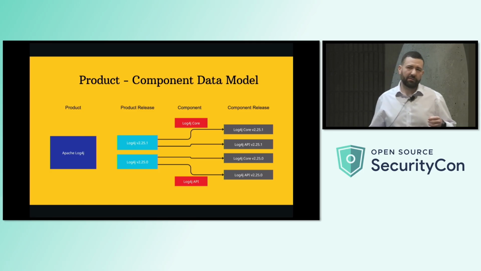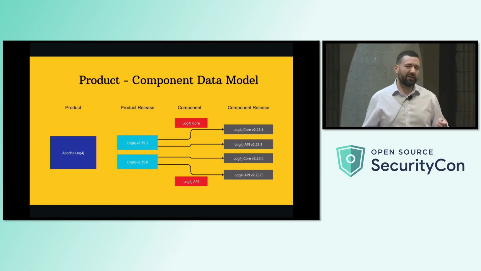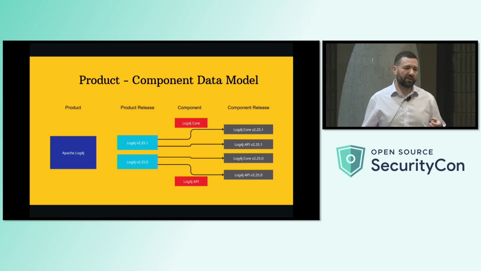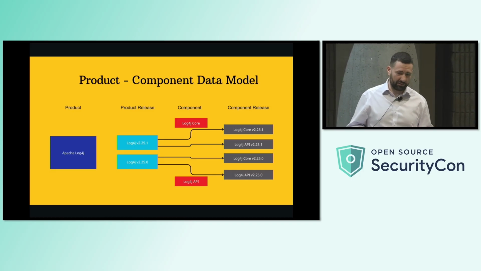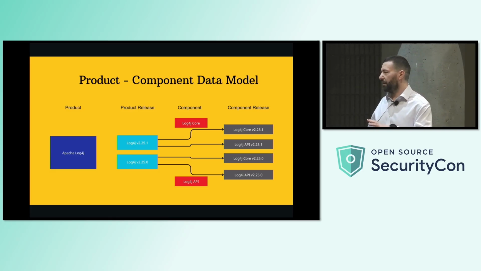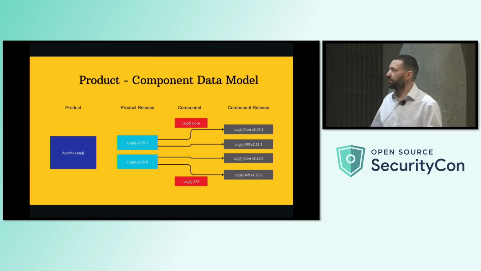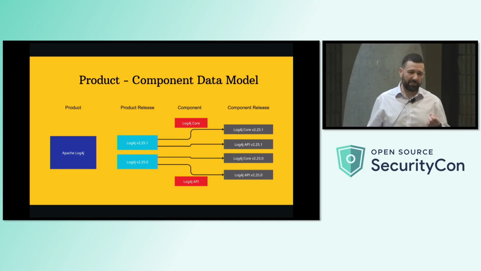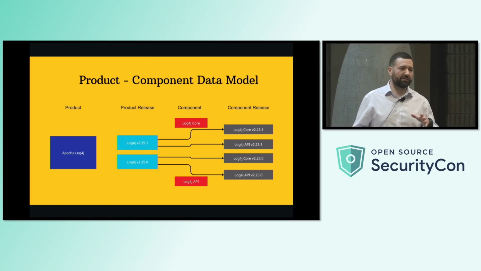But then, as we understand, this product release actually contains several components. But let's take it one way deeper. The idea is pretty simple: the mapping is actually happening on the level of product release to component release, not component directly.